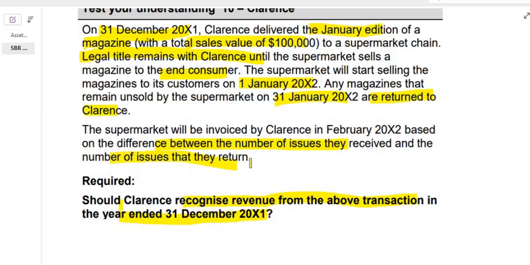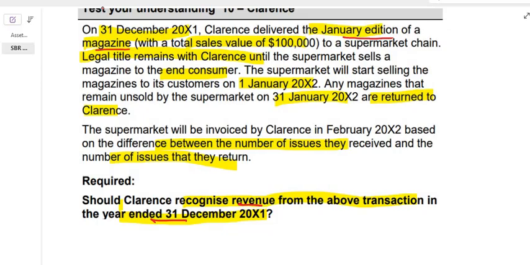So the question is, we have to advise whether C should recognize the revenue from the above transaction or not. Clear? The first thing is that C delivered the January edition of the magazine, and this shows that the performance obligation, the magazine sale, is a point in time performance obligation.